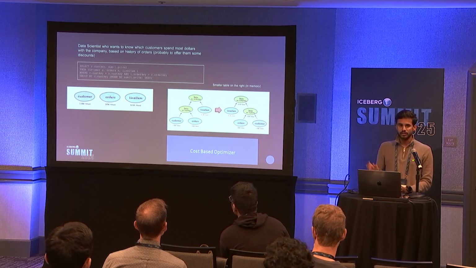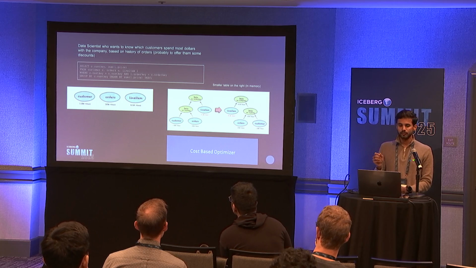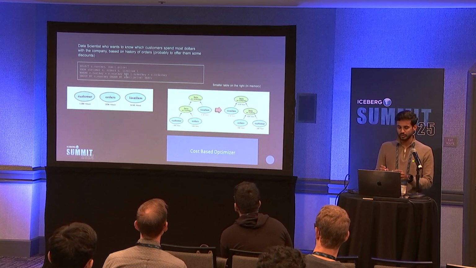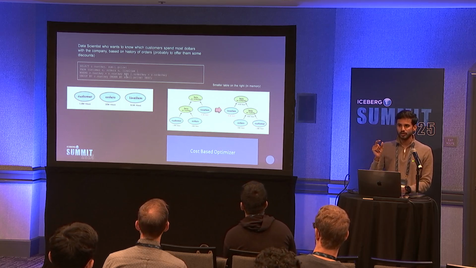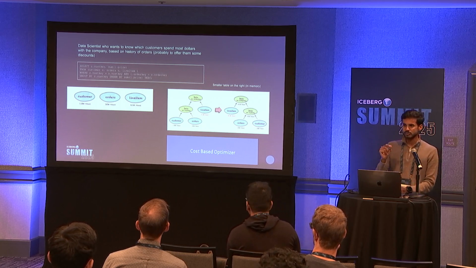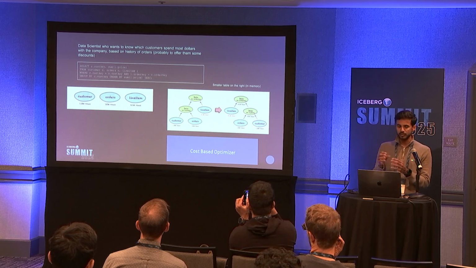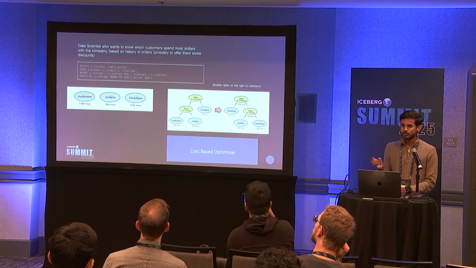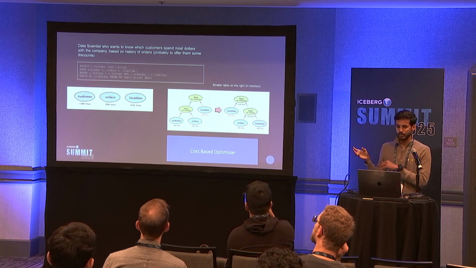So as we know, with most of the engines, if we have to run this query, we have to join these tables. And the join ordering is one of the major factors for an optimizer to take a decision, because we are going to broadcast some of the tables, so it is going to be in memory. So the smaller table, we have to keep it in memory.